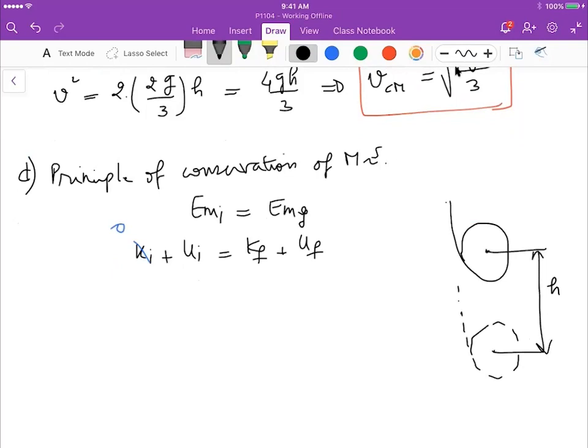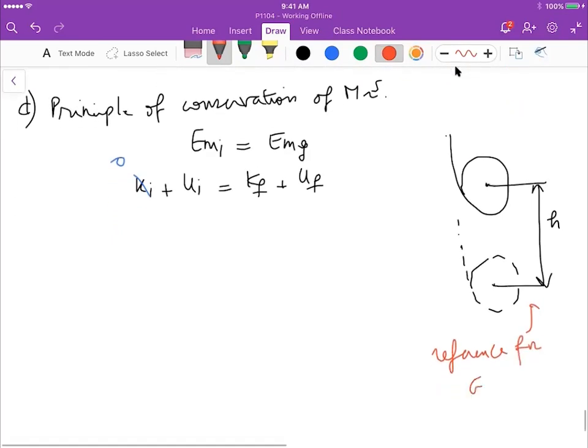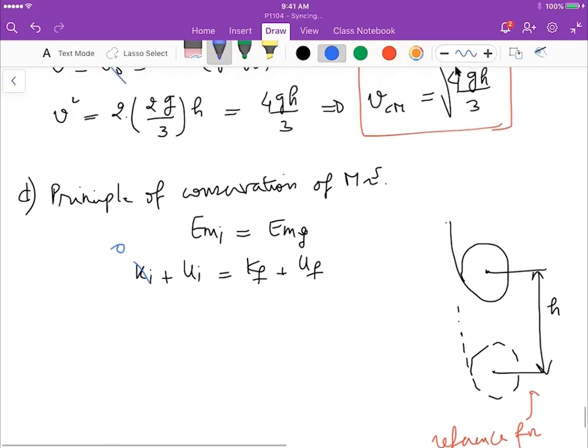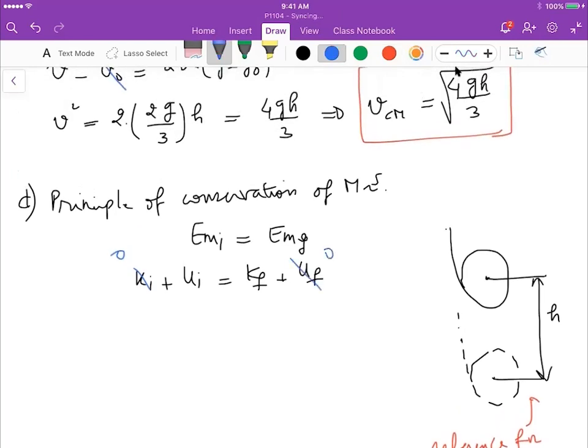Okay. So if we take this final position to be our reference level for the gravitational potential energy, then we can write down that U final is equal to 0. And so for the initial state, the gravitational potential energy is given by m times g times h, which is equal to the final energy.